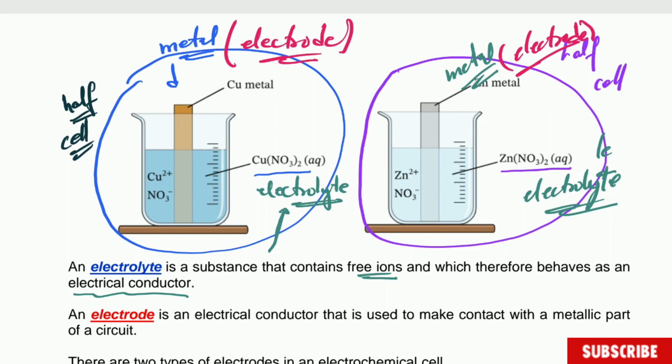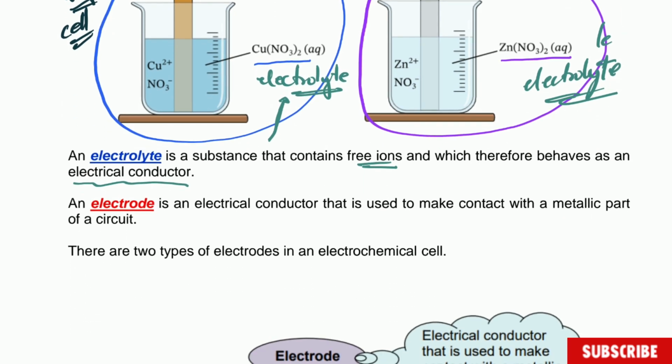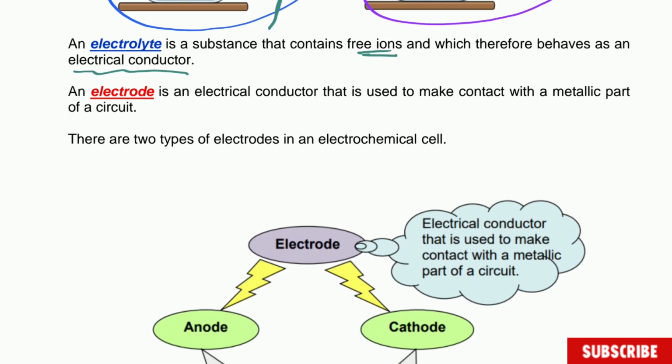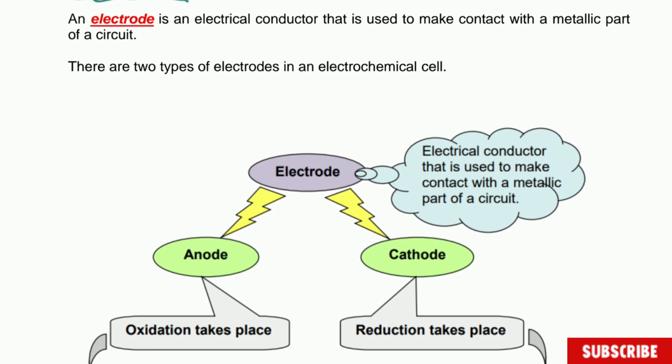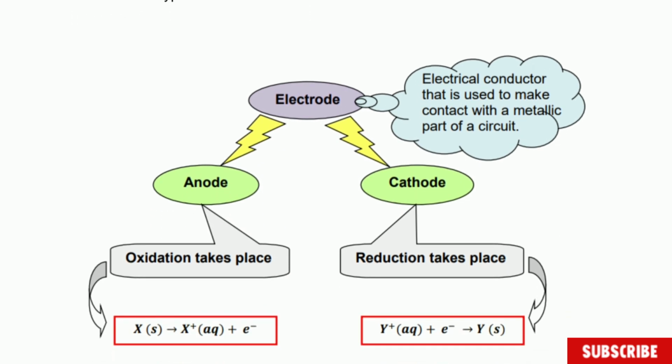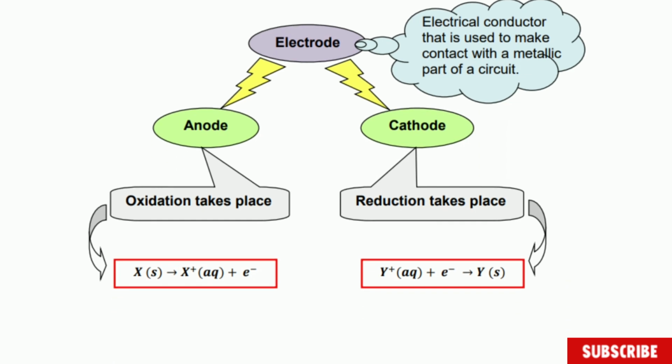It's an electrical conductor that is used to make contact with the metallic part of a circuit. There are going to be two types of electrodes, the anode and the cathode. Those are the two electrodes, and very, very important.